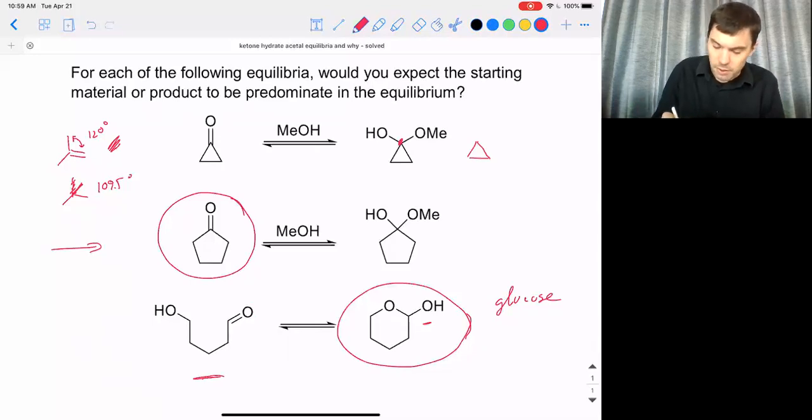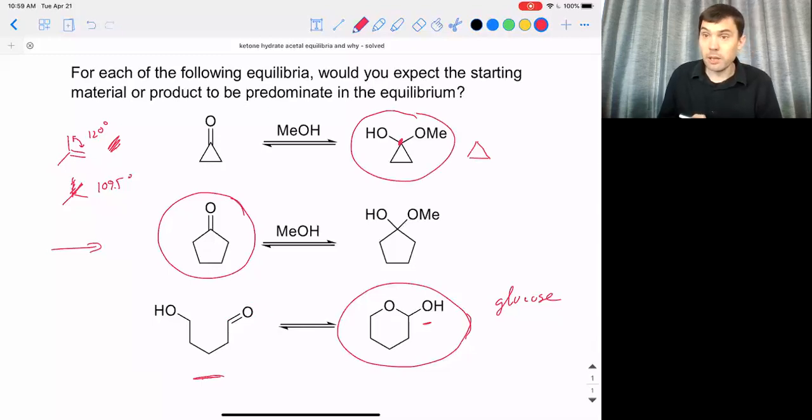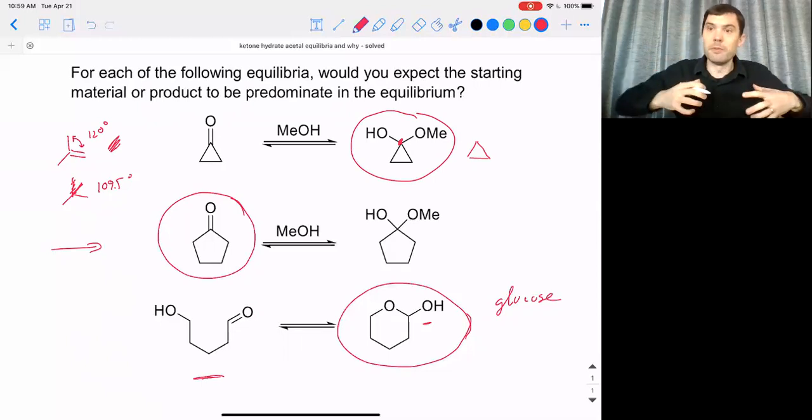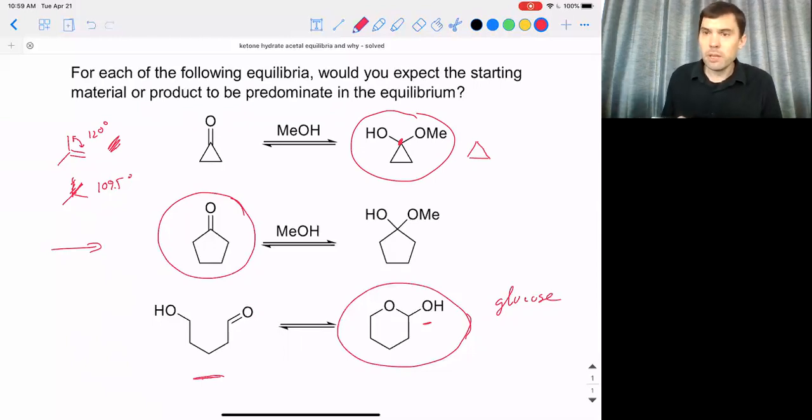And so for this one, it's going to be a lot closer to 1, and I might circle that the hydrate here might be favored at equilibrium, or sorry, the hemiacetal. And the reason for that is we're relieving some of that strain by rehybridizing that center. And that effect really is not significant until you get to very small rings, mostly in the cyclopropane. All right, so that summarizes a little bit of a discussion here about hydrates and equilibria for hemiacetals.